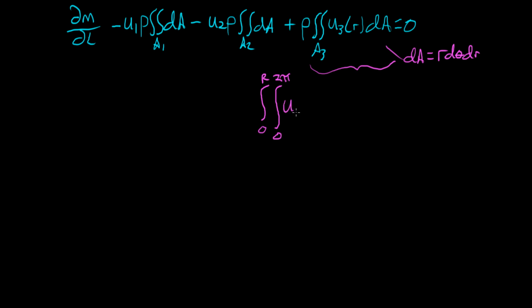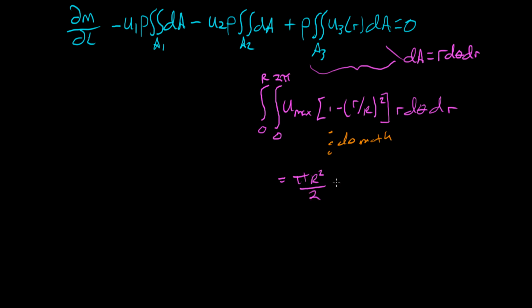We're going to sub in the definition they gave us, which was u max times 1 minus r over big R squared times little r d theta dr. And I trust that you can do math. We're just integrating with respect to r and theta here. And the result of that is going to be pi big R squared over 2 times u max. Well, that's neat.